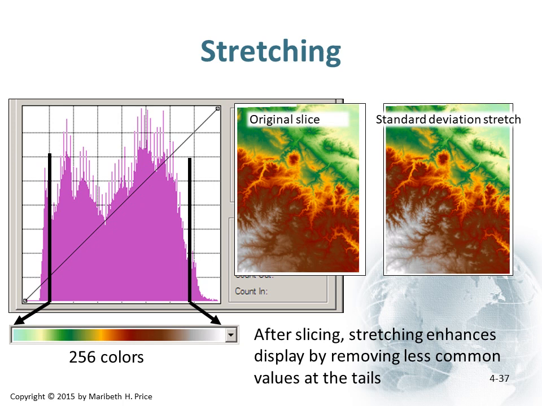When we stretch an image, we basically chop off the ends and add them all to the next value in. It enhances display by taking the part of the distribution of your data where the majority of your data exists and spreading it out so you differentiate the more important things.